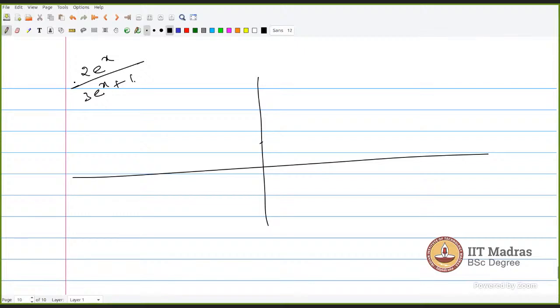I tried to plot directly from this f of x but couldn't. You are unable to plot because of these indeterminate forms. You don't know what happens to the value when it is infinity by infinity, or 0 by 0, or minus infinity by minus infinity. We will compute the limits of these types of functions where an indeterminate form comes. Once you know that, it will be easier to plot.